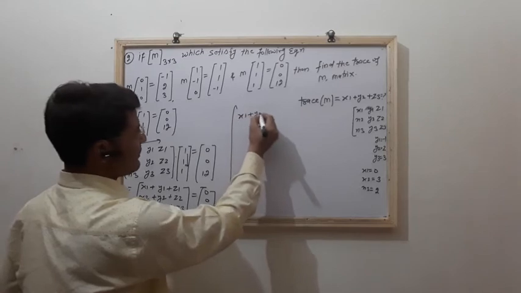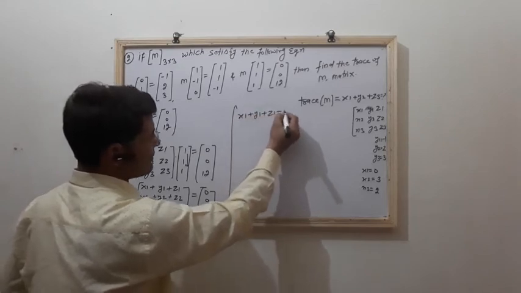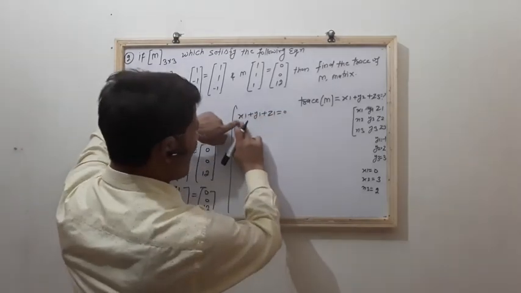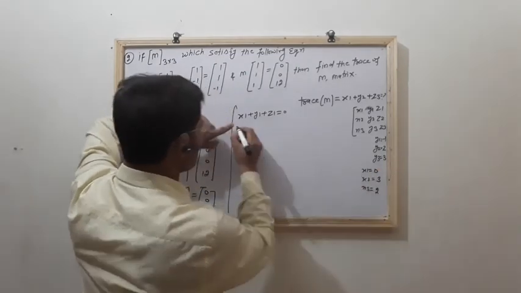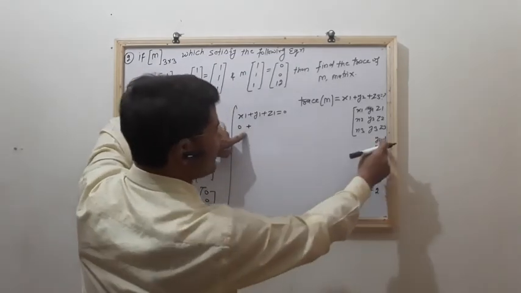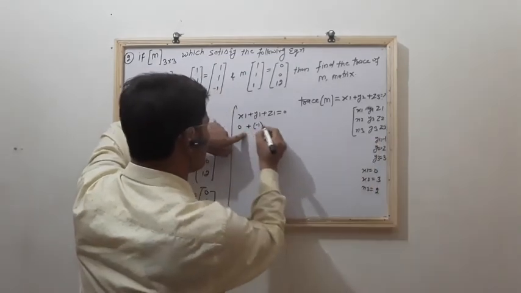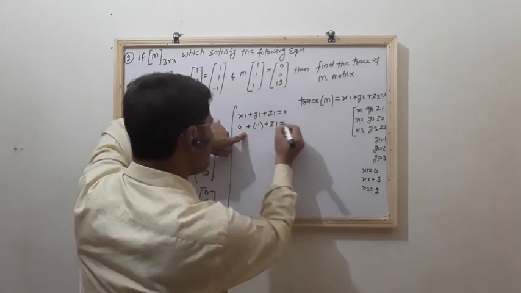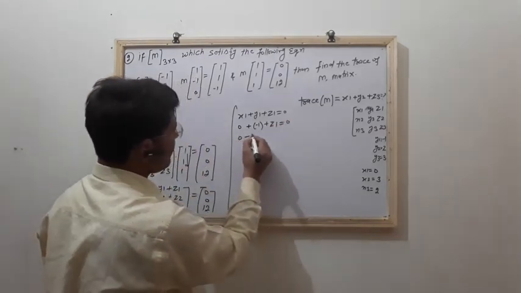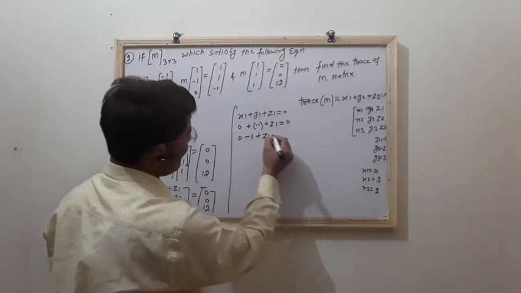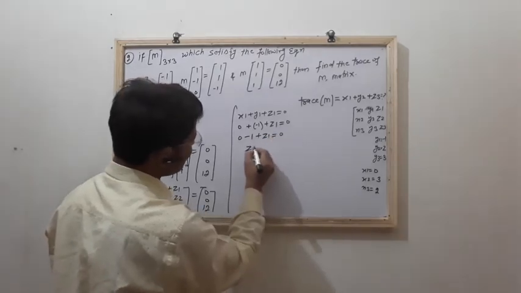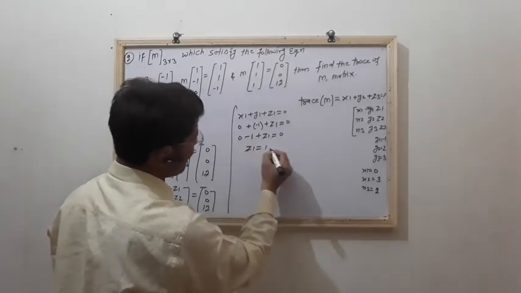By comparing, x1 plus y1 plus z1 is equal to 0, so that by putting the value of x1 is equal to 0 plus the value of y1 is equal to minus 1 plus z1 is equal to 0, 0 minus 1 plus z1 is equal to 0 means z1 is equal to 1.